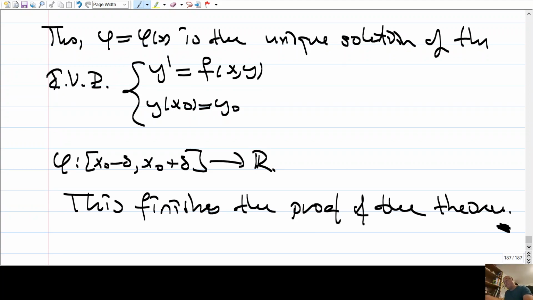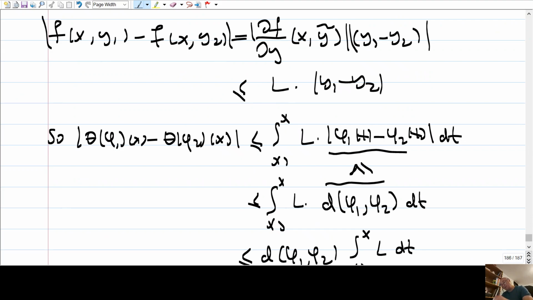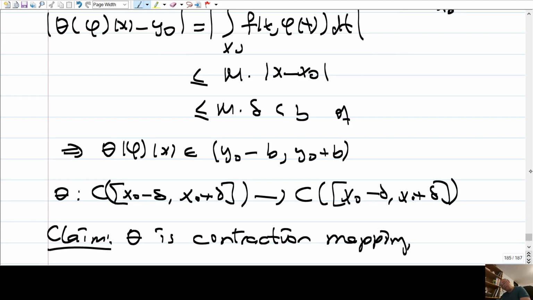Any questions so far? Sorry, I got confused in the middle, but then I think we succeeded writing the correct argument.